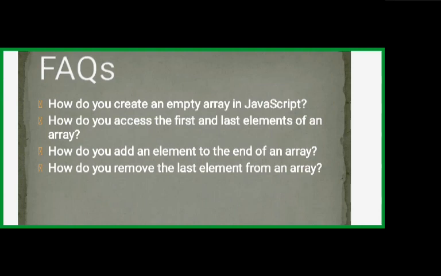For example, we have studied in Python also that we use a similar thing over there. We provide the appropriate index, and if we want to fetch the last element of an array, we can access it using the append function.